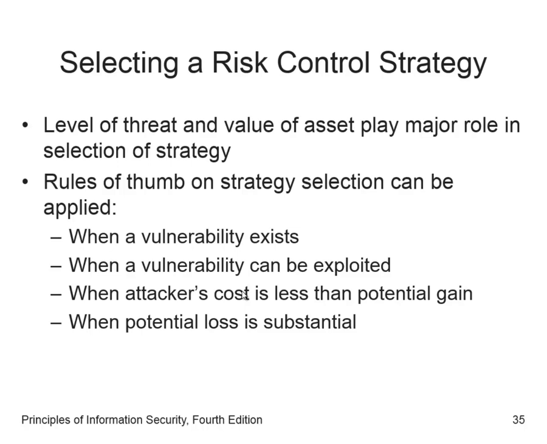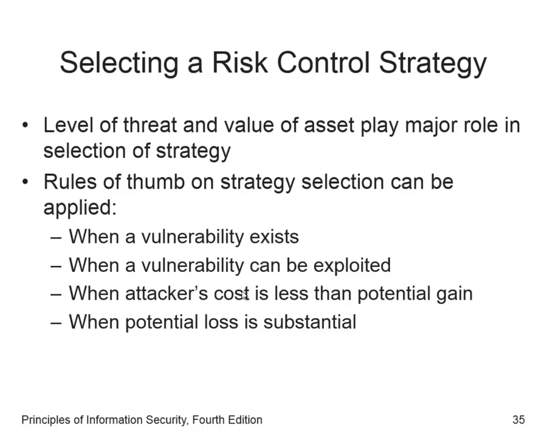When the attacker's cost is less than his or her potential gain, apply protections to increase the attacker's cost. Use system control to limit what a system user can access and do, thereby significantly reducing an attacker's gain.